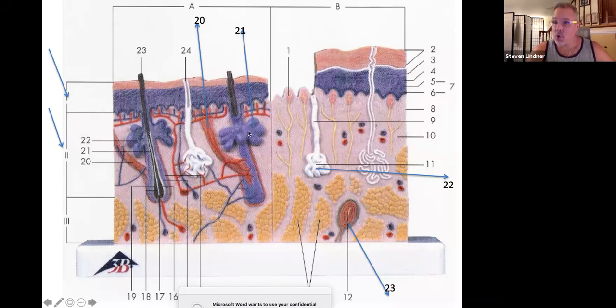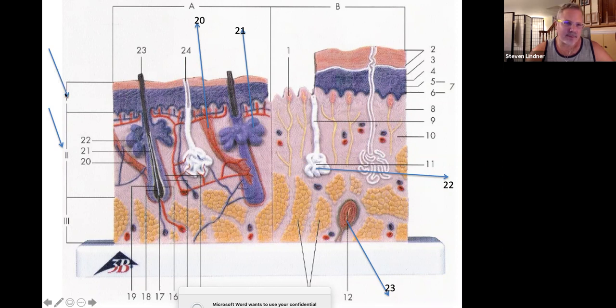Sebaceous gland, your oil gland, sebaceous gland, not sudoriferous, sebaceous. What is 22? I gave it away. Sudoriferous, which is your sweat gland. 23 at the bottom. What is 23? Pacinian corpuscle. Pacinian corpuscle. That's your deep pressure sensor.